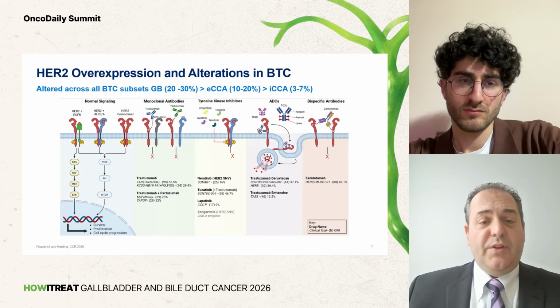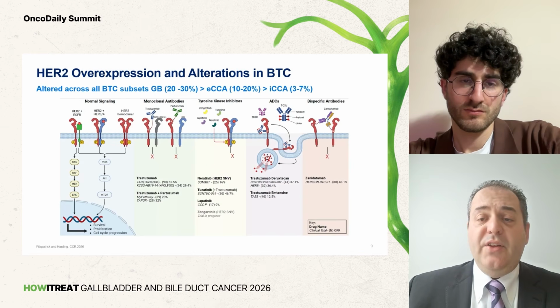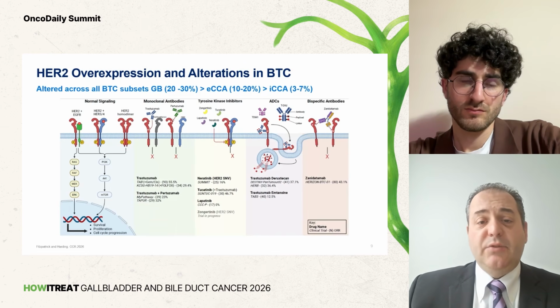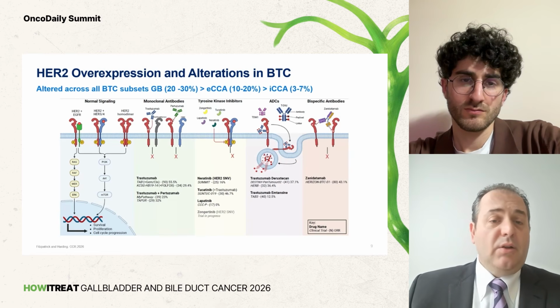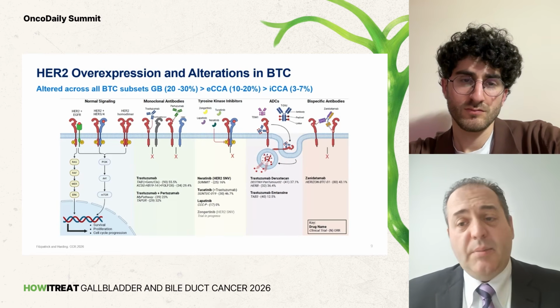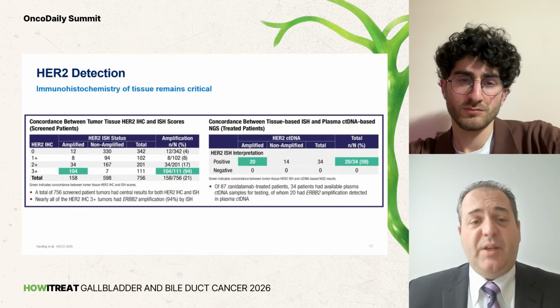We also know that there are single nucleotide variants that are indeed activating. As a result of these mutations, there's been an extensive look at a variety of molecules over the last 20 years, from monoclonal antibodies to TKIs, and in recent times, antibody-drug conjugates and bispecifics. This advancement in the field has led to advances for patients. And I'm going to speak with you about a few of those during the next 15 minutes.